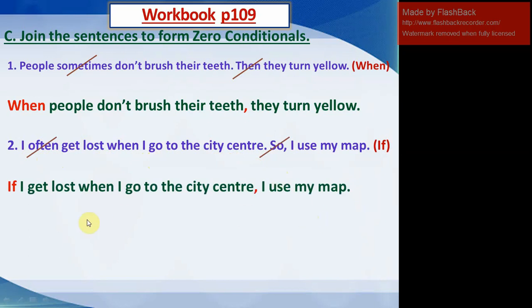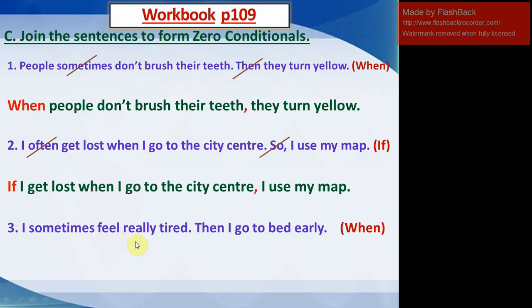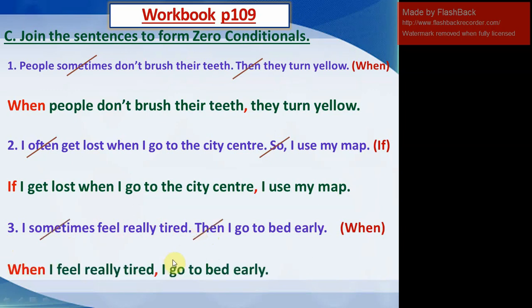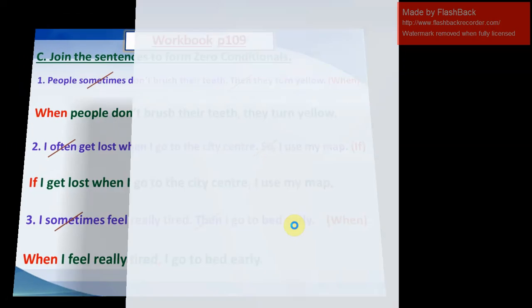And notice, when we start with if or when, we put a comma between the two phrases, okay? Number 3. I sometimes feel really tired, then I go to bed early. Use when. Yes, we delete sometimes and then we put when at the beginning and a comma between the two sentences. So we say, when I feel really tired, I go to bed early.